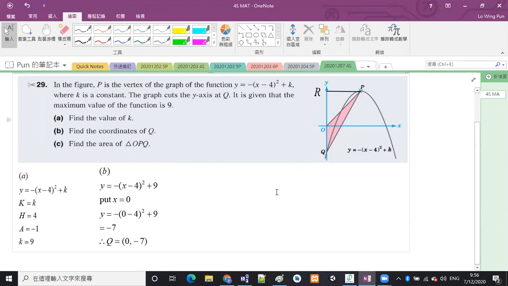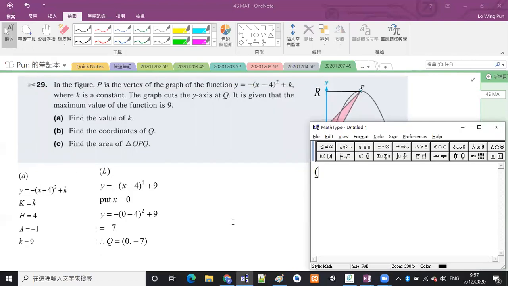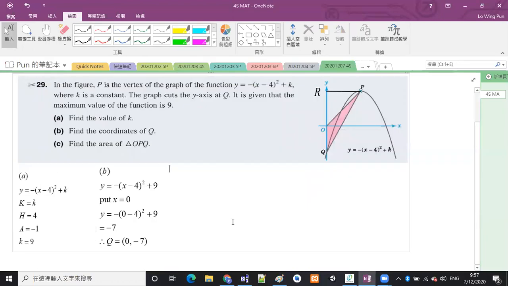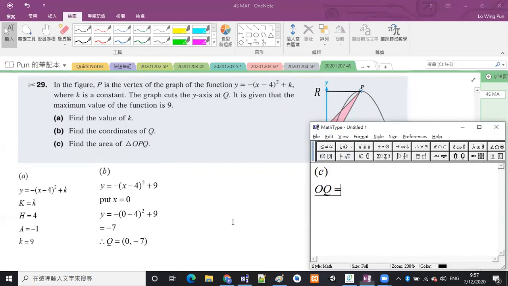Okay, and then because we have already found the coordinates of Q, therefore the length of OQ will be just the distance between the point O and point Q, and then that will be 0 minus -7. That is 7.